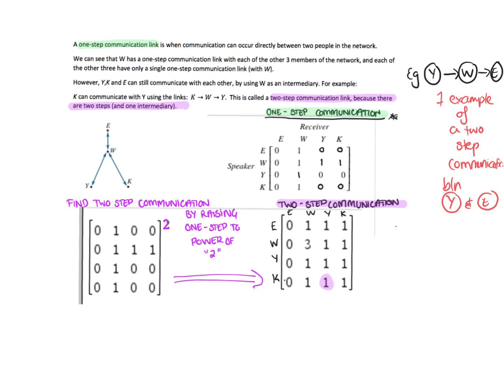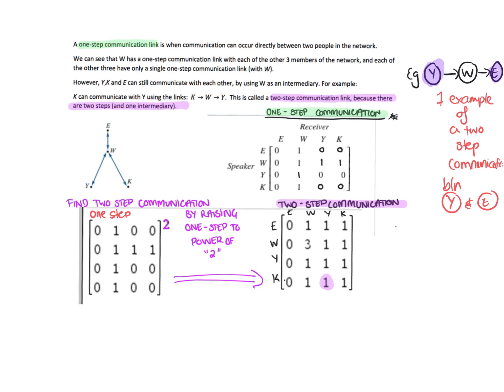Now we can find the 2-step communication matrix. The way we do it is we take the 1-step matrix and raise it to the power of 2. Here is the 1-step communication of that scenario, and now we've got 2-step. We just raised it to the power of 2 on our calculators. If you have a look at our little example we just did, where we were talking about Yummy to Eva in 2 steps, there was one scenario of that.